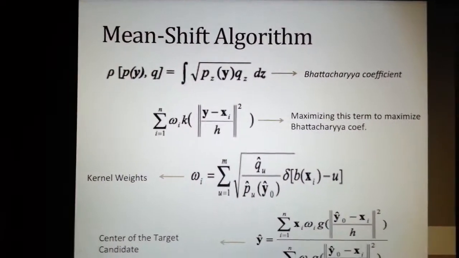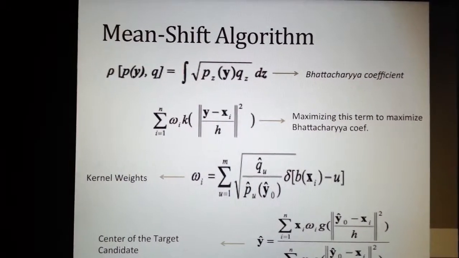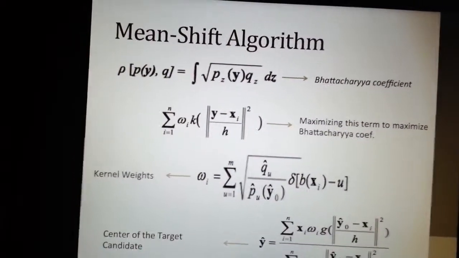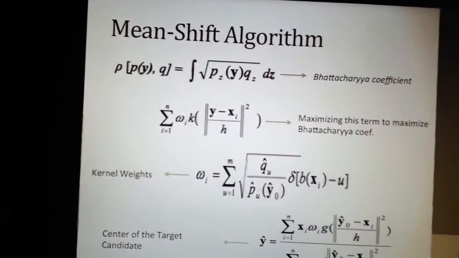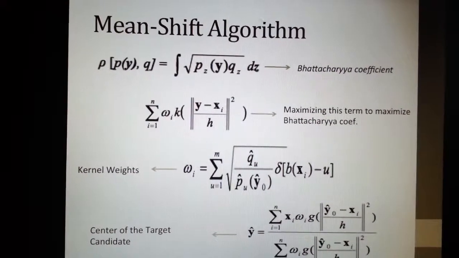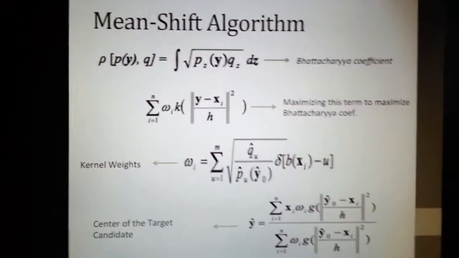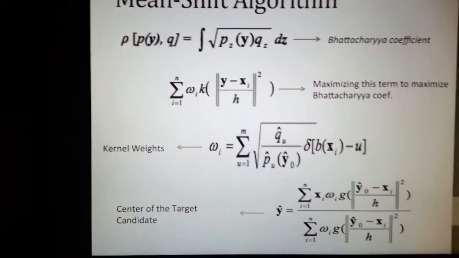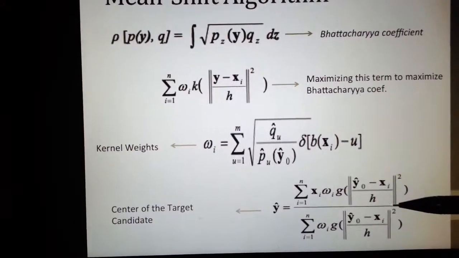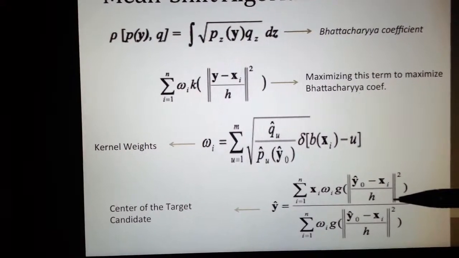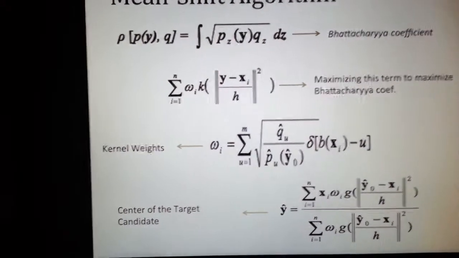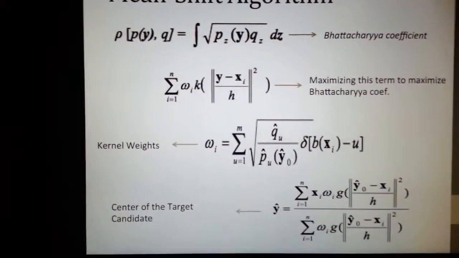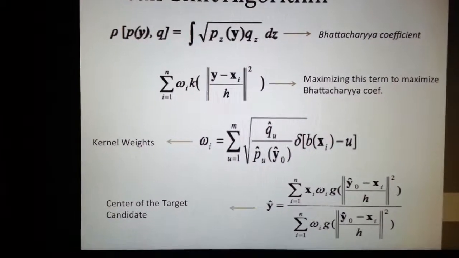The terms q sub u and p sub u are the values of the target and candidate histograms corresponding to the pixels x sub i of the candidate object. The center of the target is then calculated by the following equation, where y naught is the current location of the candidate center and g sub x is the derivative function.